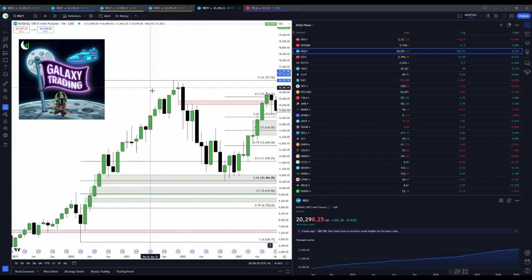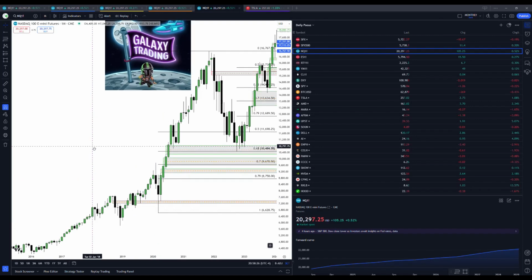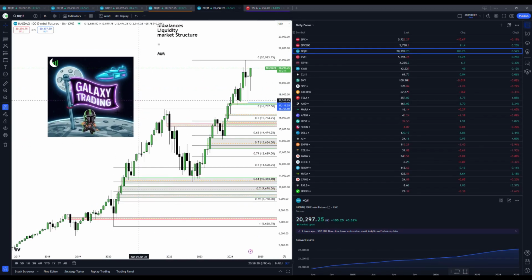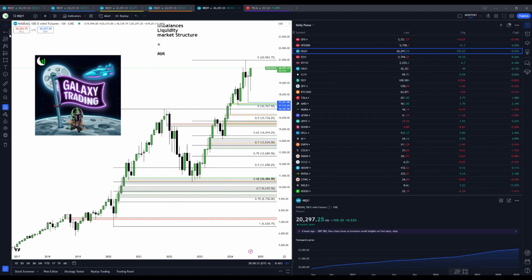But how do we identify which pool of liquidity we're likely to target? Well, we have something called market structure, or our trend, right? You've probably heard that word before. But how do we identify a trend? I'm not talking about using that line that people draw and try to fit to their narrative.